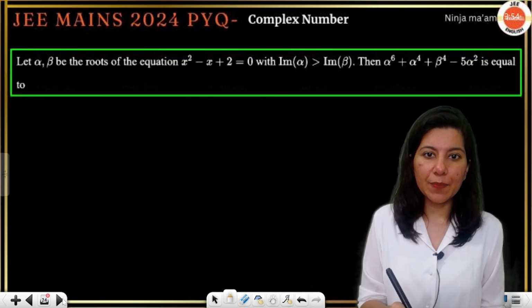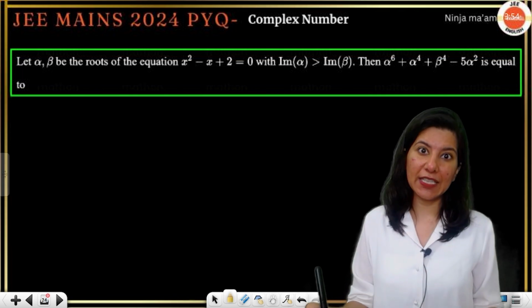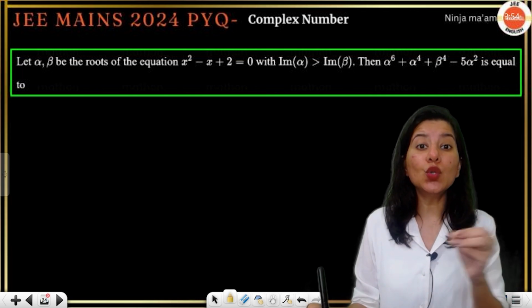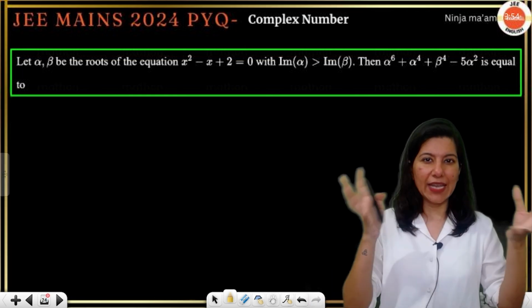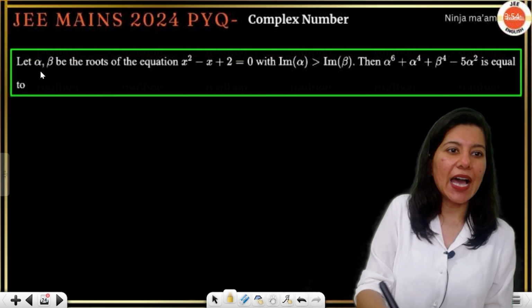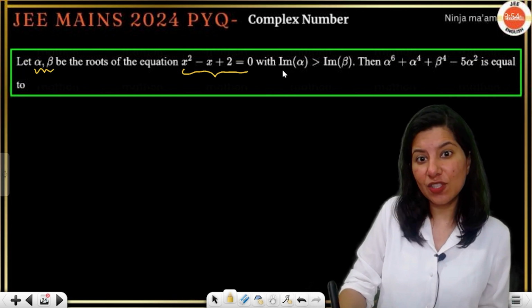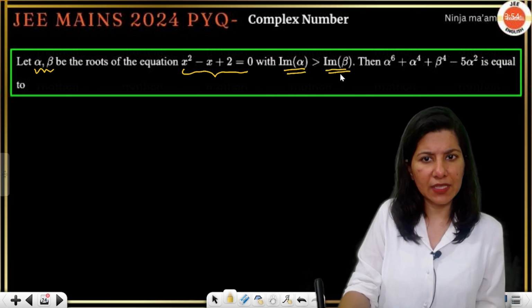All right, perfect. Now let us have a look at this question, which is talking about roots of the quadratic equation. So again, it is a combination of quadratic and complex numbers, right? Alpha and beta are the roots of this equation, correct? With imaginary part of alpha greater than imaginary part of beta, okay?